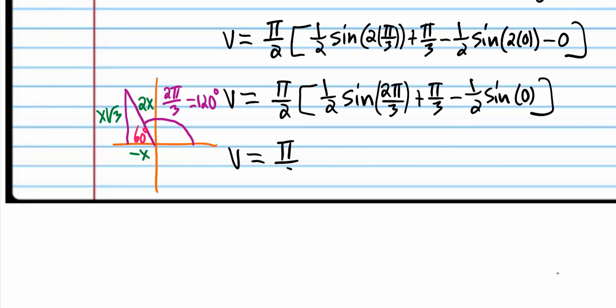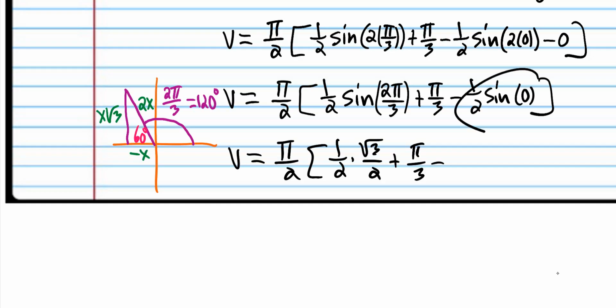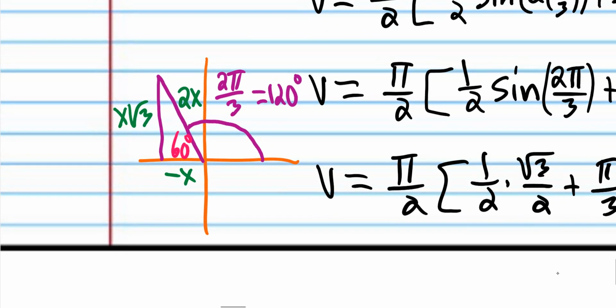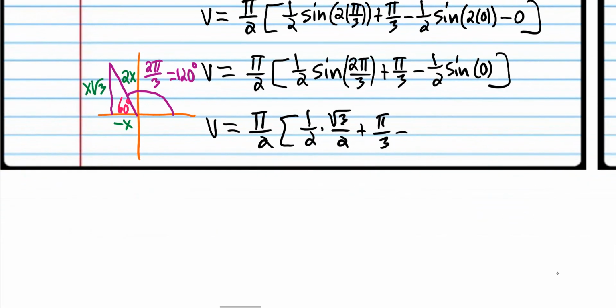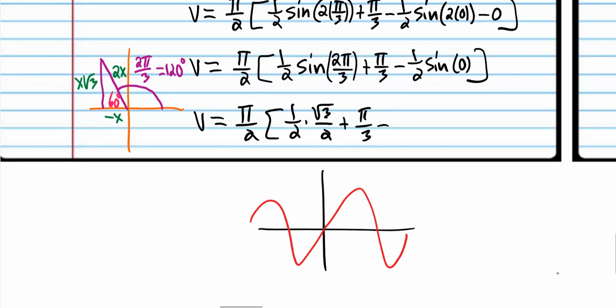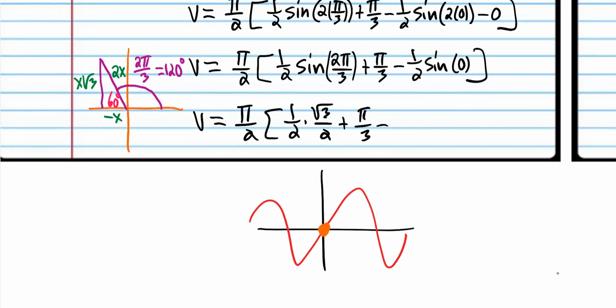So we have 1/2 times root 3 over 2. And this is what we call a quadrantal angle, and that's a collapsed triangle. So when you have a collapsed triangle, you need to use your sine curve. And you see when we're at 0 degrees, the graph is just 0, or the y value of this orange point is 0.